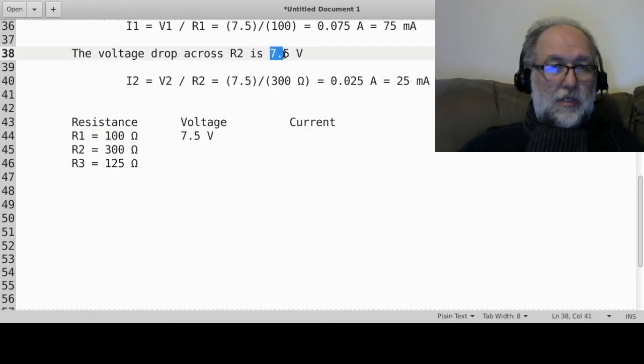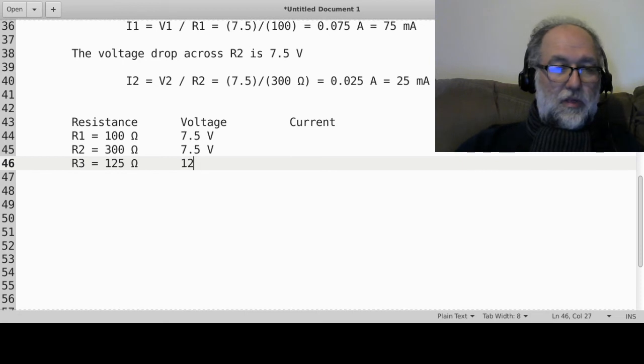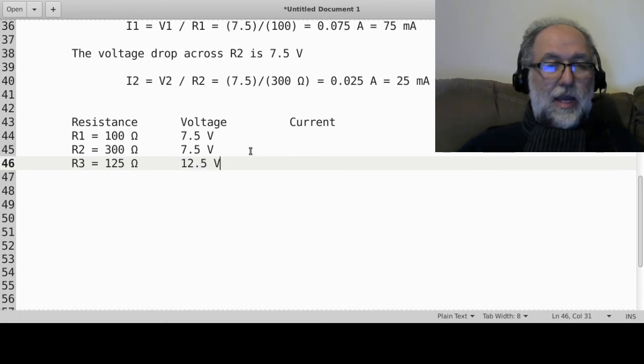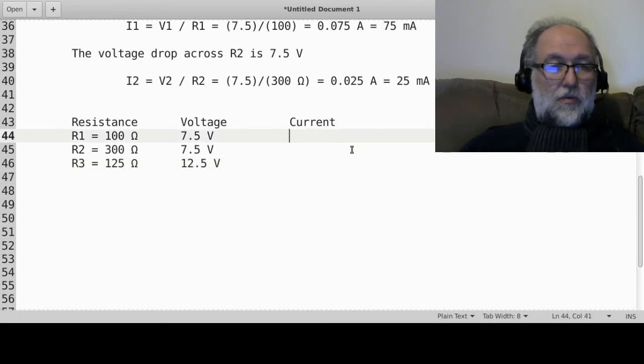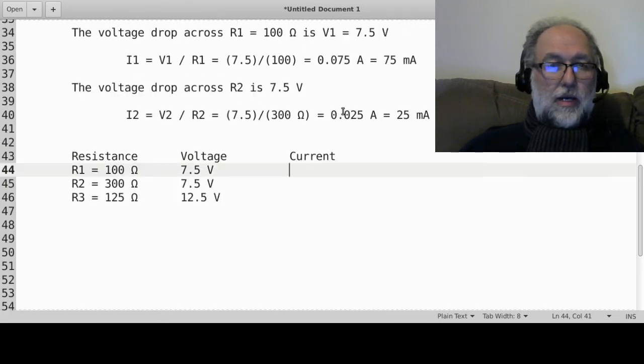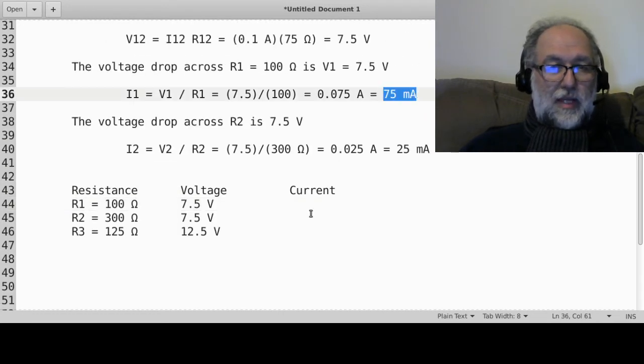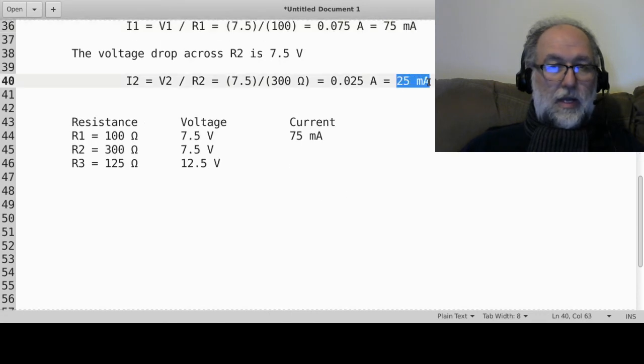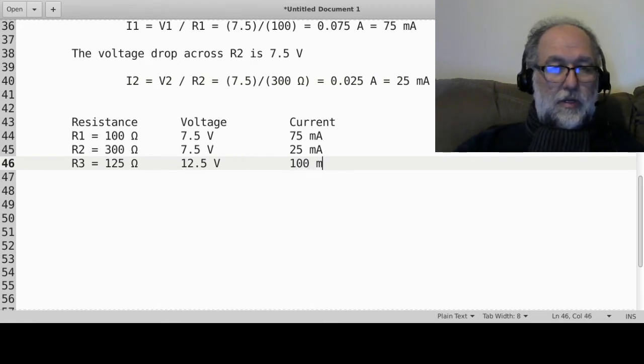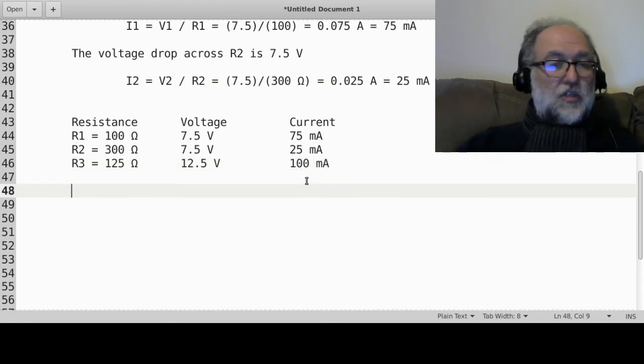The voltage drop across R2 was also 7.5 volts, and the voltage drop across R3 we found to be 12.5 volts. And the current through R1 was 75 milliamps. We'll work in milliamps. And this one was 25 milliamps, and through R3 it is 100 milliamps. So we've answered the question.